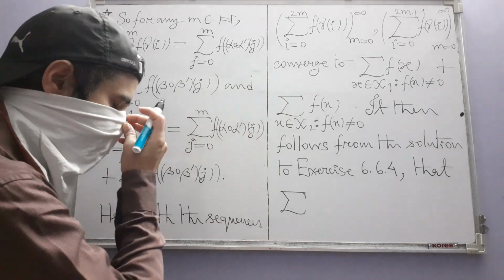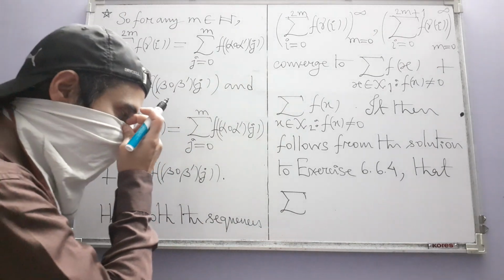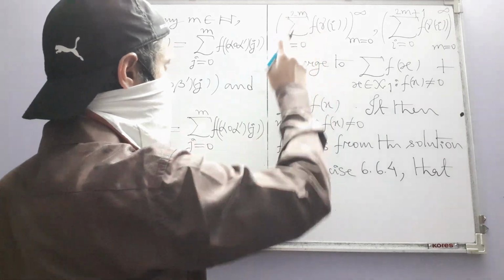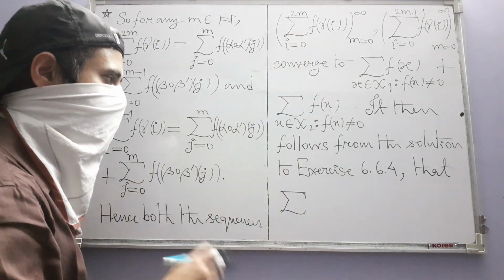Okay, so what I'm trying to say is that this sequence, where in place of 2m we just simply have n, also converges.